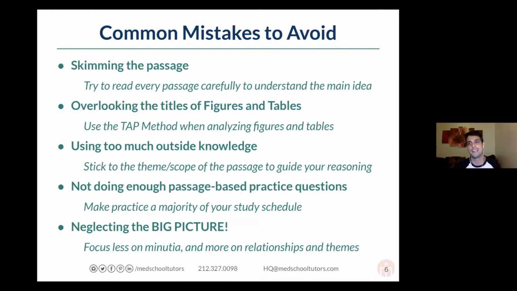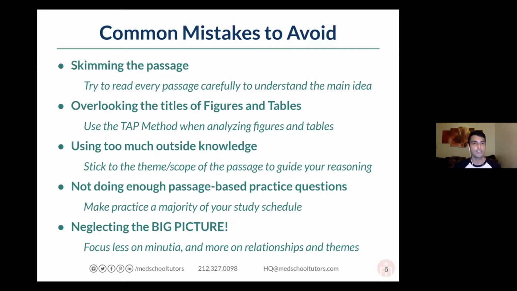You don't need to understand this really arcane language about architecture. But actually, you should try to read every passage really carefully to understand the main idea. And this is because, going back to the earlier slide where I showed you the breakdown of skills tested on this section, it's really about your reasoning skills, right?